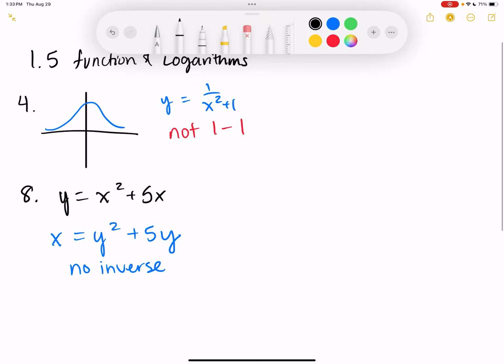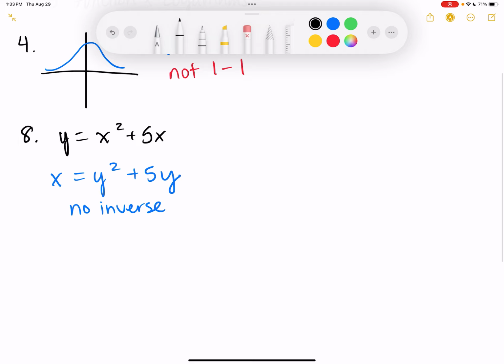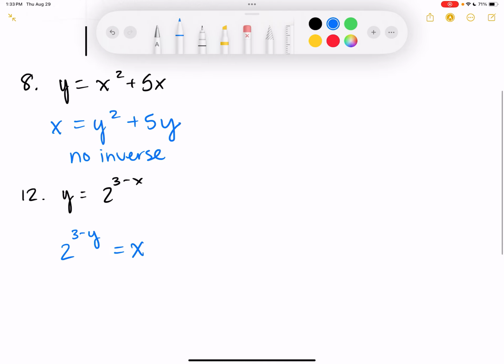So with this one, number 12, we've got y equals 2 to the 3 minus x. When we swap our x and y, I'm going to write it as 2 to the 3 minus y is equal to x. Now how am I going to be able to solve this? With a log.